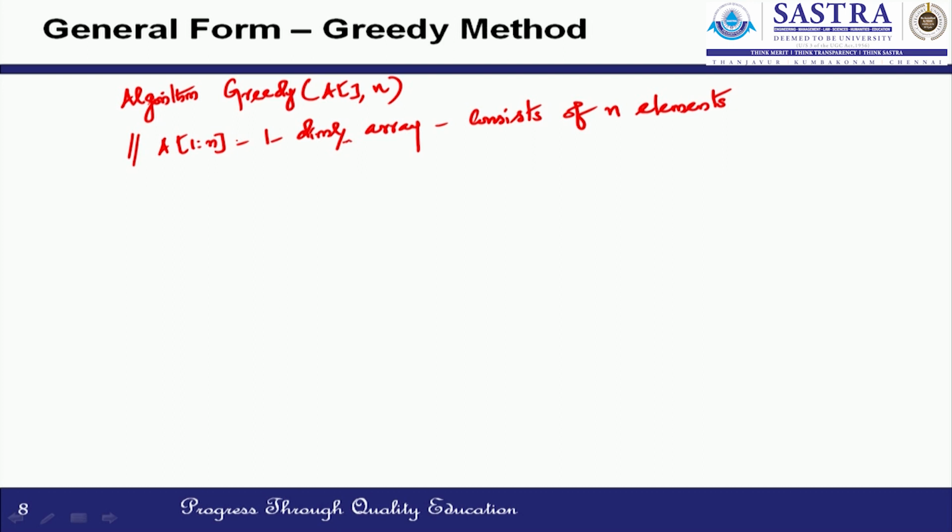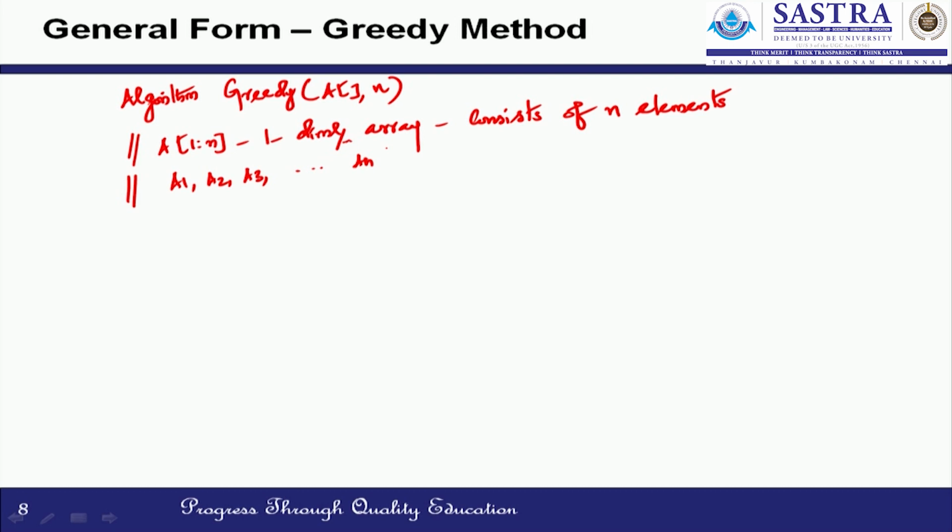That is the indication. Capital A from 1 to n is a one-dimensional array which consists of n elements. That is, the inputs are, for example, written in this form: A1, A2, A3, etc., An.